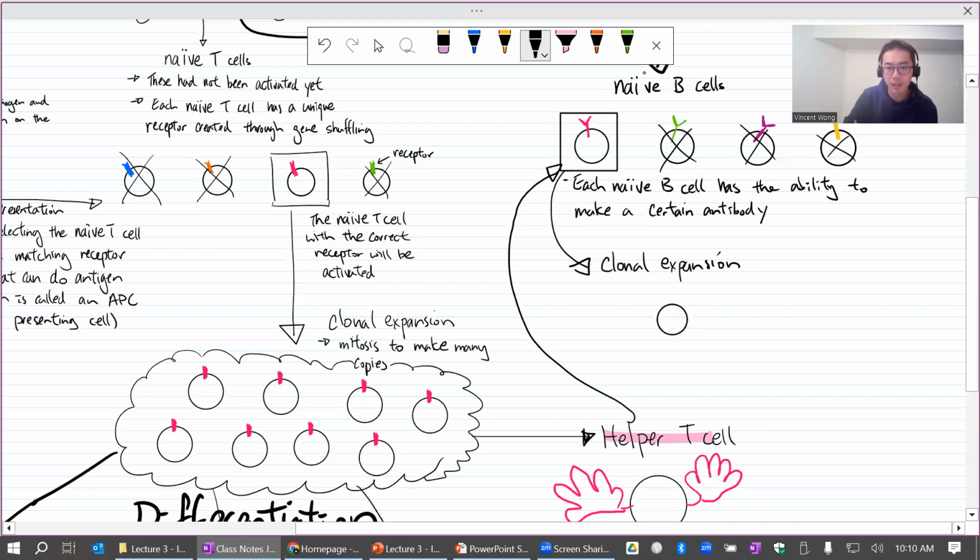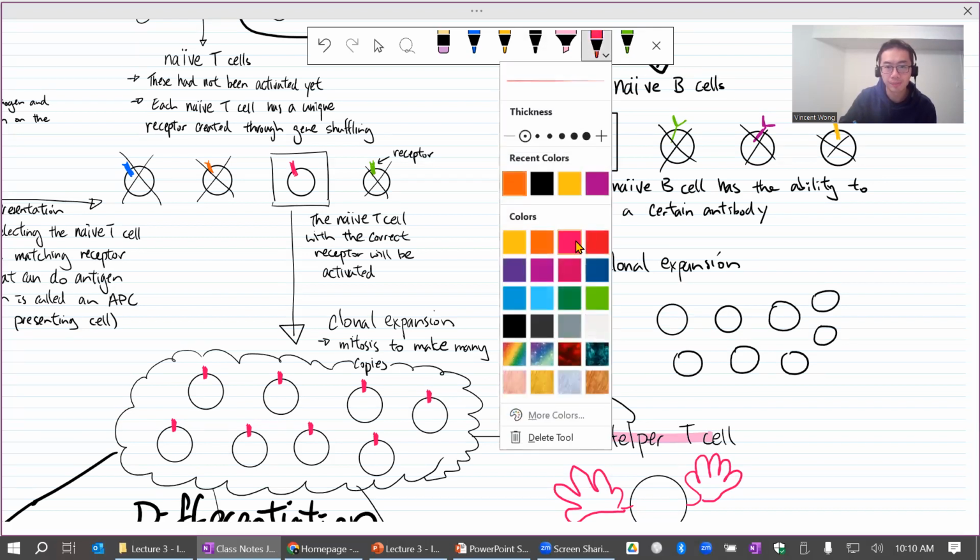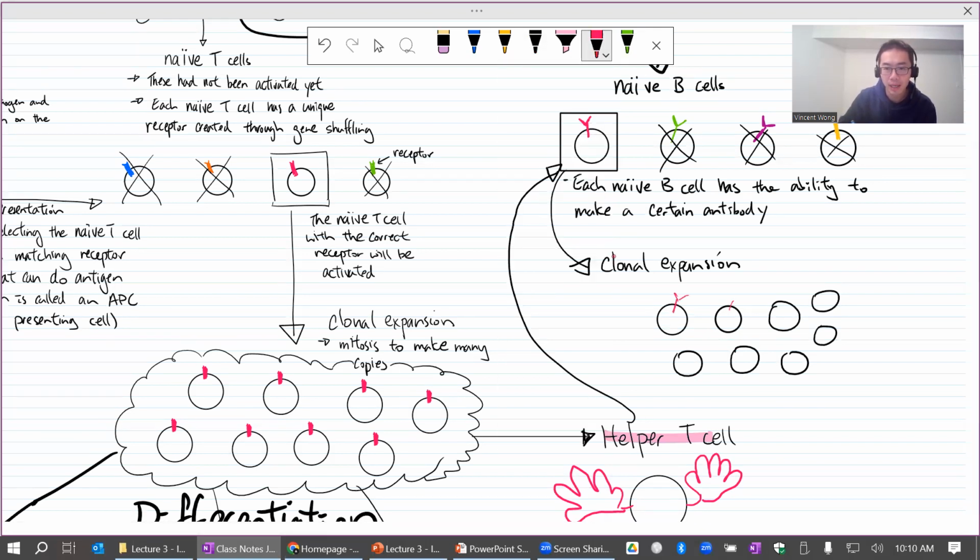So you're going to have a bunch of the B cells, and they will have the right antibody.